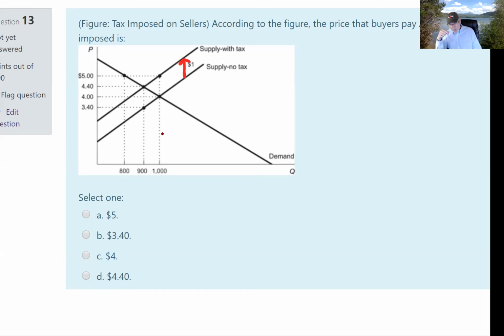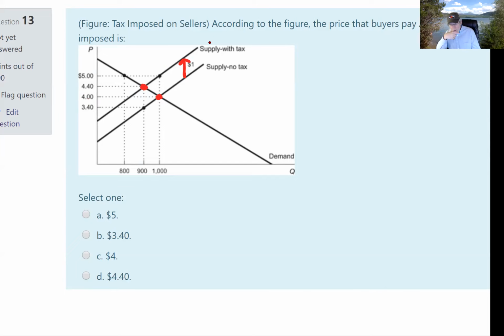When you shift the supply curve up, where's the new equilibrium? Well, it was here. It moves to here. The equilibrium price was $4. It goes up to $4.40. That is the price that consumers are going to have to pay.